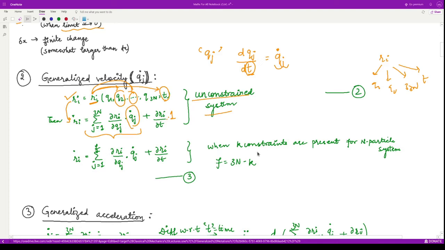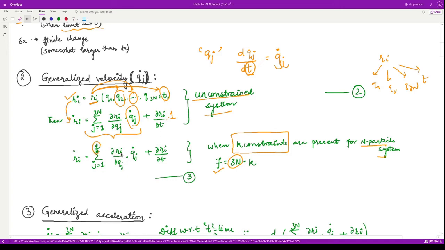And if our system has k constraints imposed on it, the holonomic constraints for an n particle system, the degrees of freedom, which earlier was 3n, is now reduced to 3n minus k, let us call that f. So our velocity Ri dot simply reduces to summation j varying from 1 to f now, right?